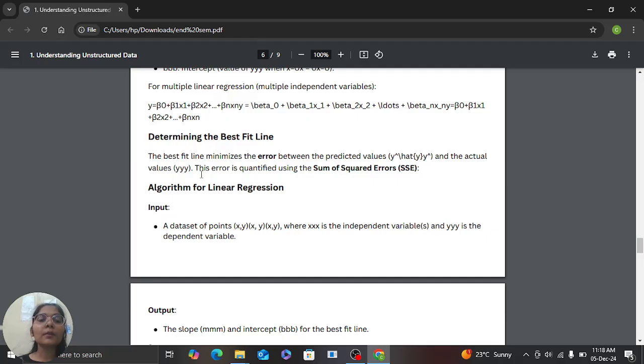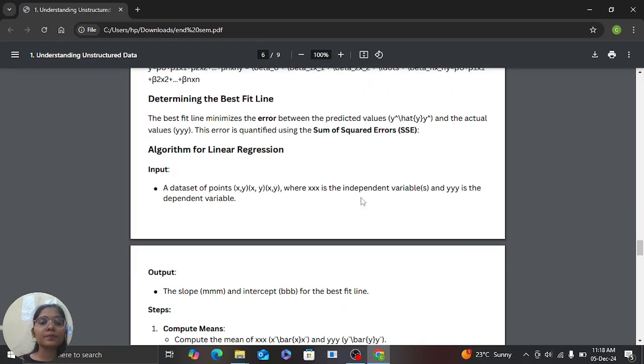We need to minimize the difference between what we predicted and the actual values. This is calculated using the sum of squared errors. The conclusion is that by using the sum of squared errors technique, we can determine the best fit line for linear regression.